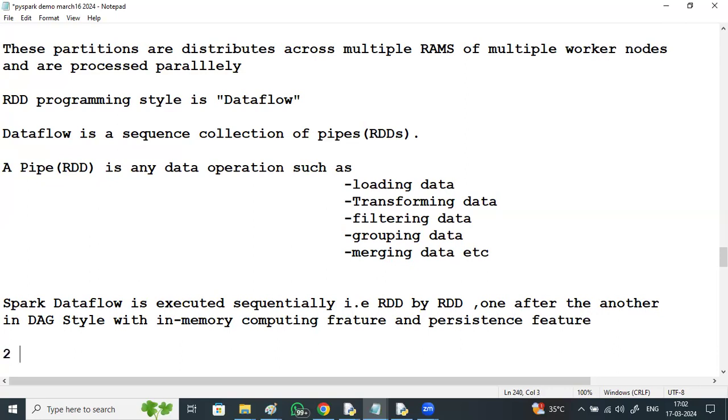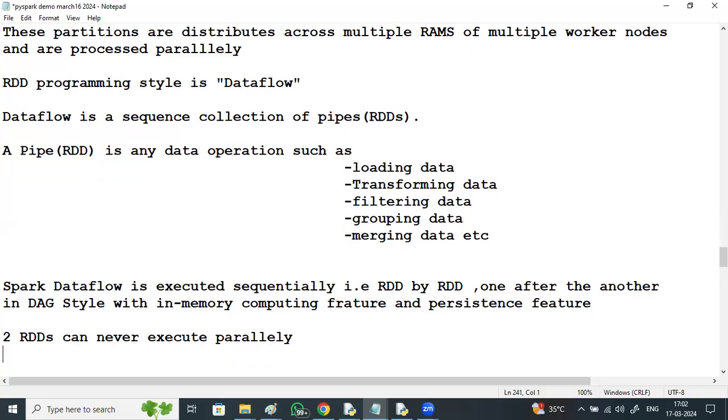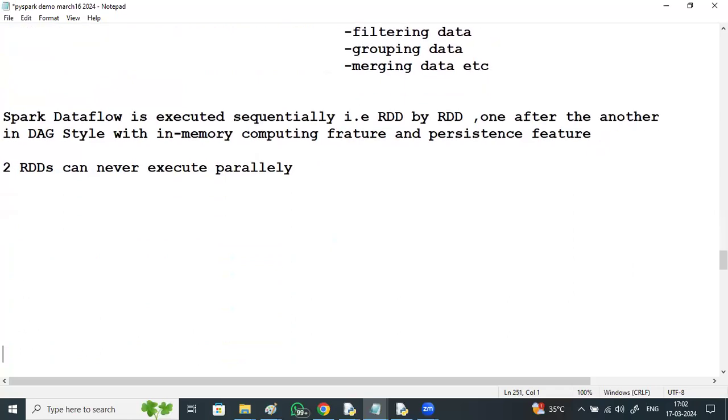See here, two RDDs can never execute parallelly. Understand here? Two RDDs can never execute in parallel in Spark. We have RDDs, and one RDD's output will be the input to the next RDD. So two RDDs never execute parallelly.